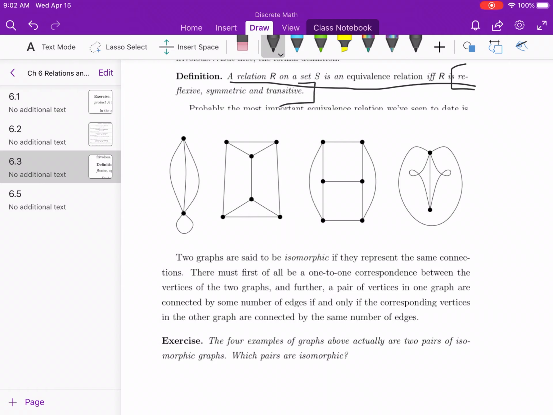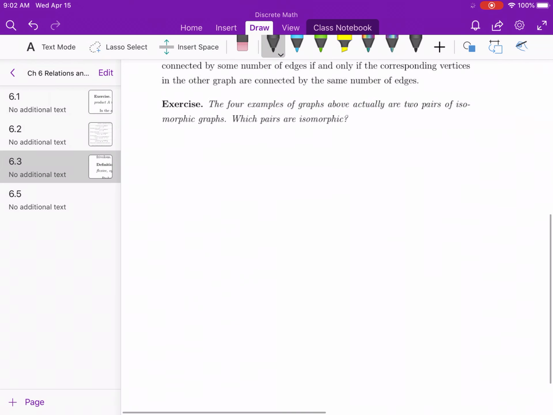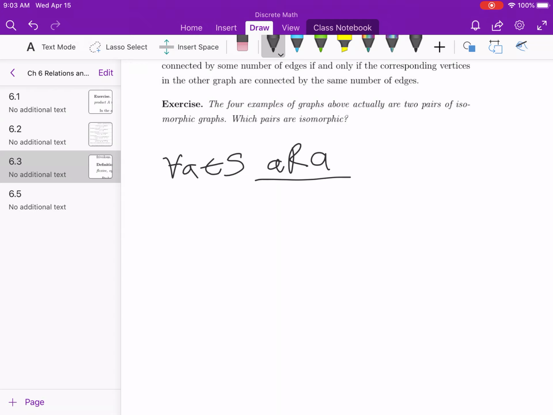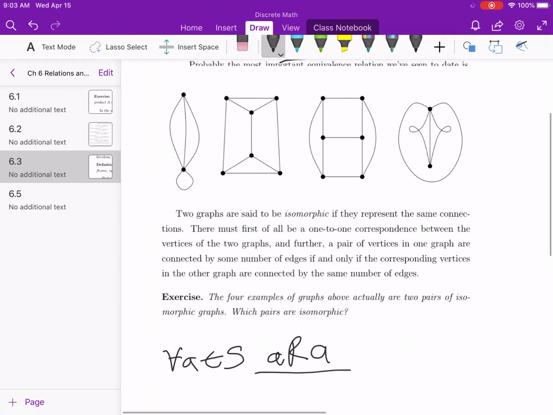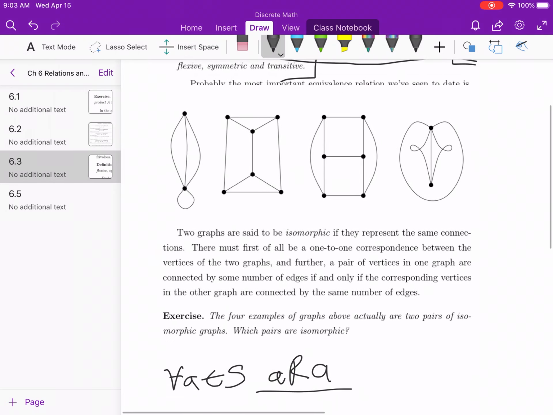So if you remember those properties: if I have some set S, then for all A in S, A is related to itself. This is the reflexive property.